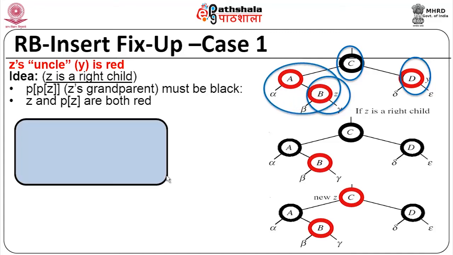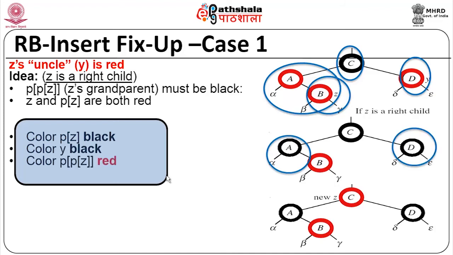Then what should you do? Color the parent of Z, that is A, black, which we have done. Then color Y, the uncle, black, which we have also done. And then color the grandparent, that is C, red, also done.